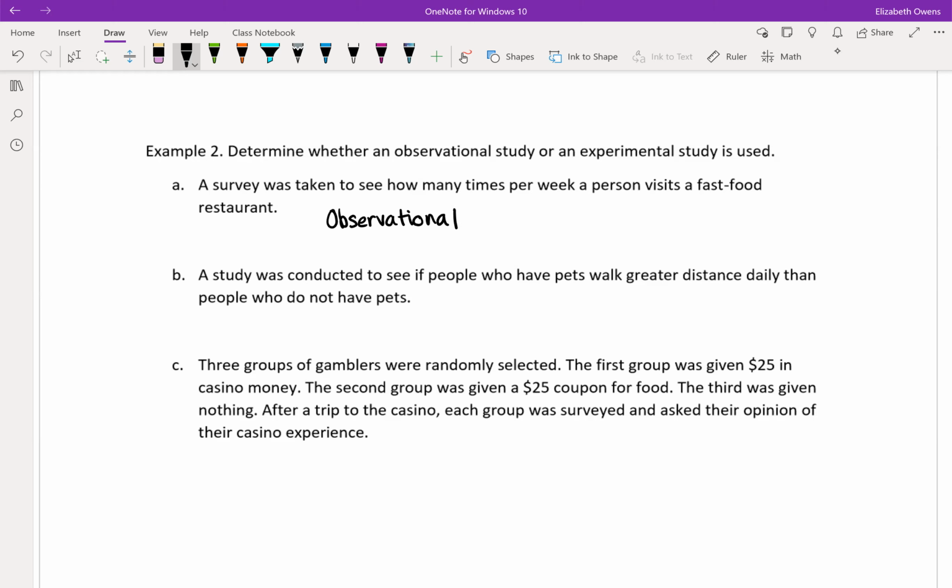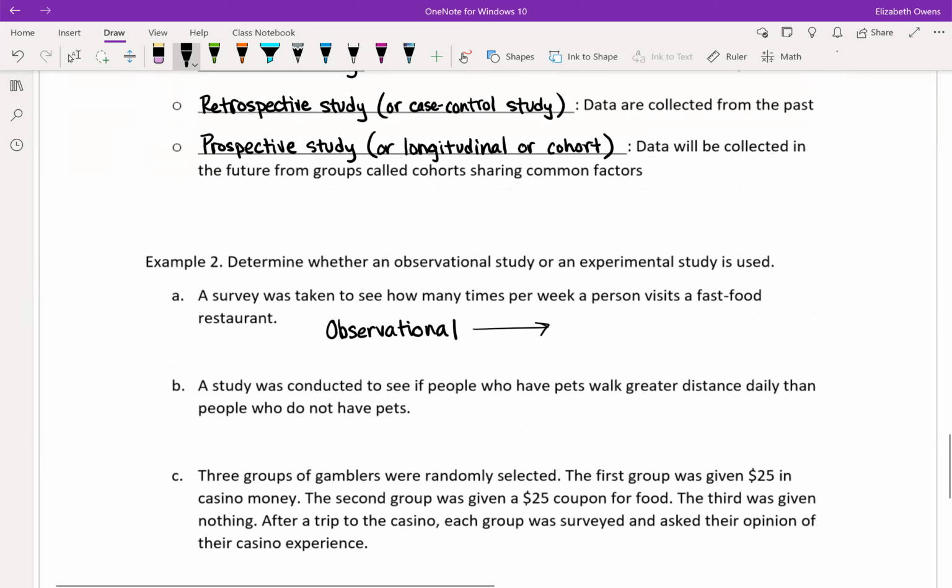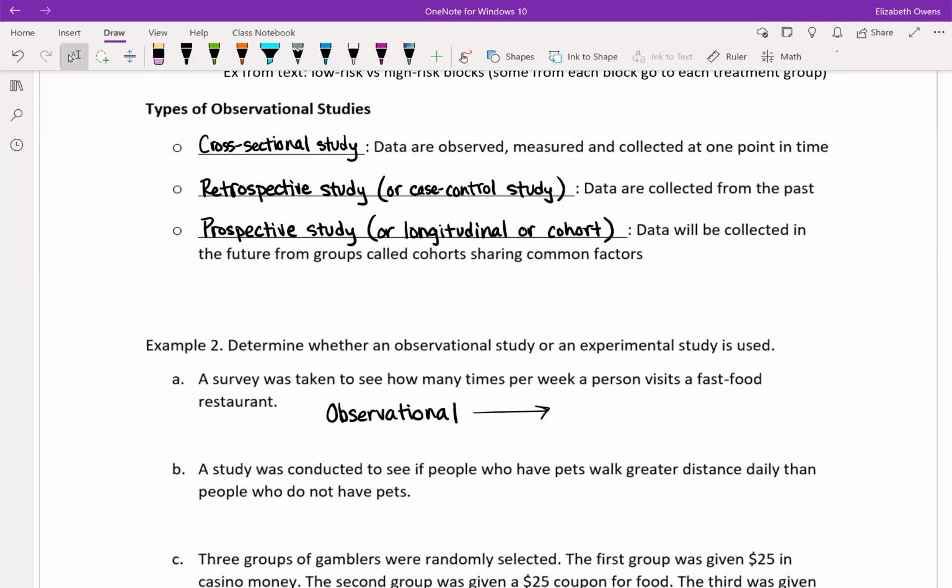If we want to get into a little more detail, let's think about the types of observational studies we just saw. You could do a cross-sectional study, with data from right now, a point in time: how often is this person going? Or I also think we could use retrospective if maybe we have some data from the restaurants.